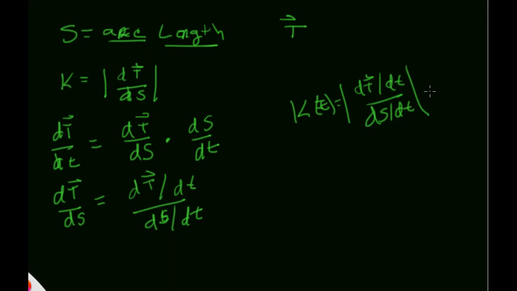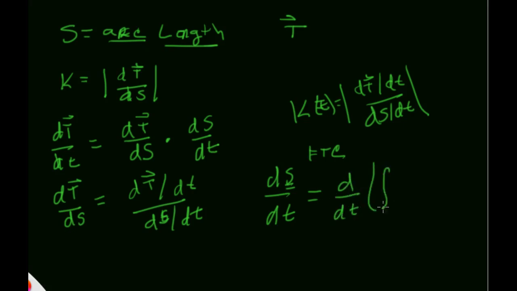But note, if I look at ds/dt, this is arc length. So if I use the fundamental theorem of calculus, I get the following result: this is the same as d/dt of the indefinite integral of the magnitude of r prime of t dt.